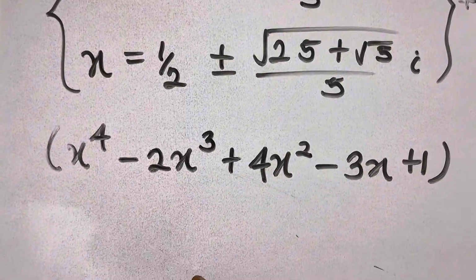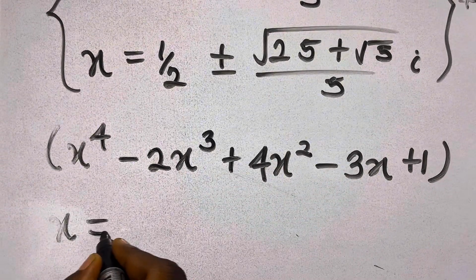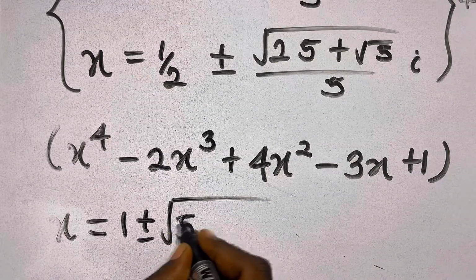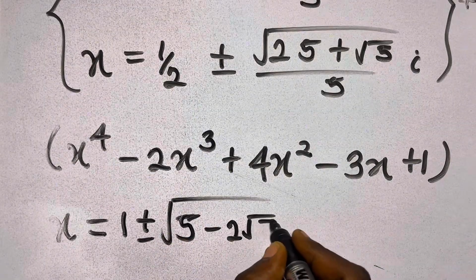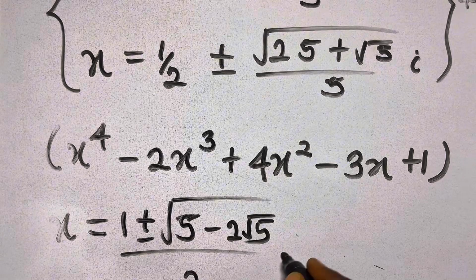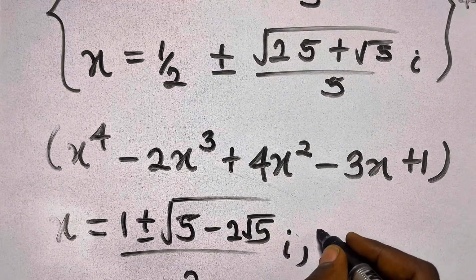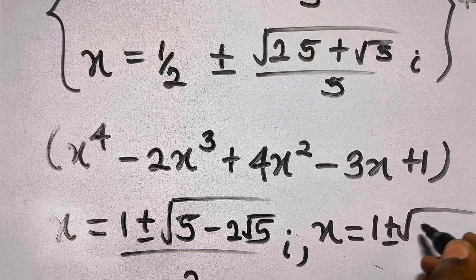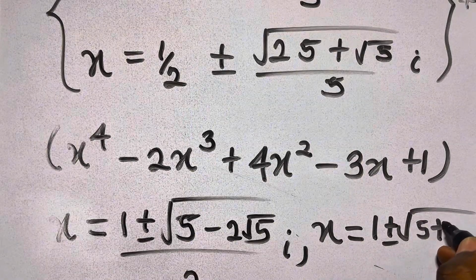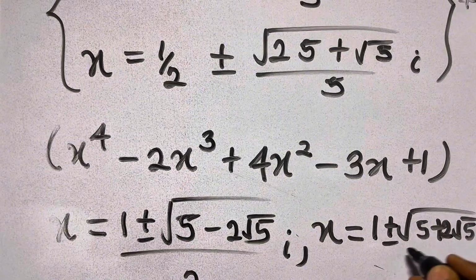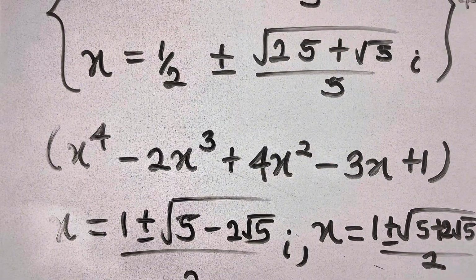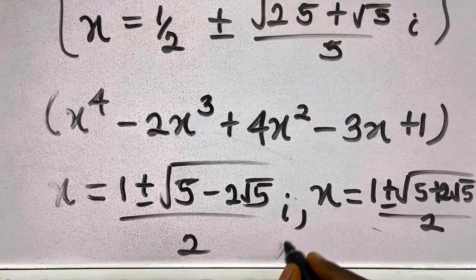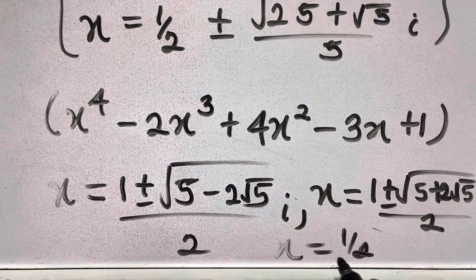If we solve this, we are going to have x equals 1 plus or minus square root of (5 minus 2 root 5) i, divided by 2, and for the other one we have x equal to 1 plus or minus square root of (5 plus 2 root 5) i, divided by 2. But don't forget, for this particular expression, we've gotten our other x to be 1 divided by 2.